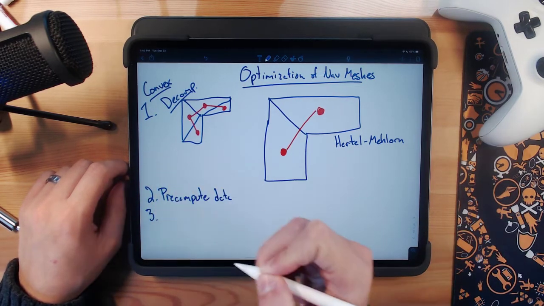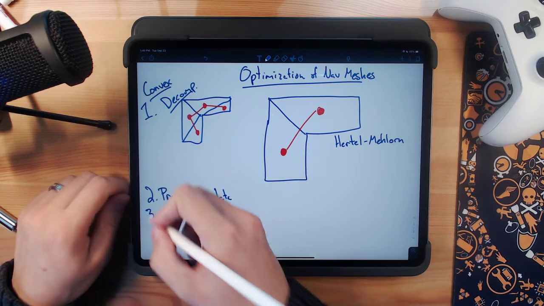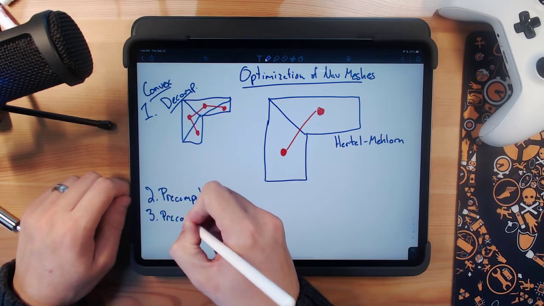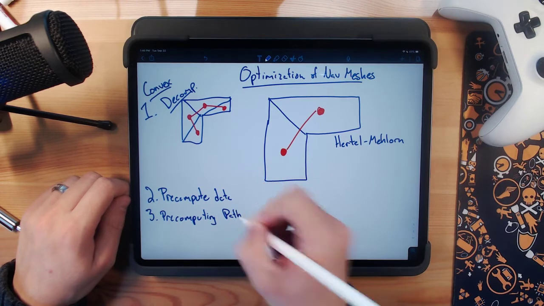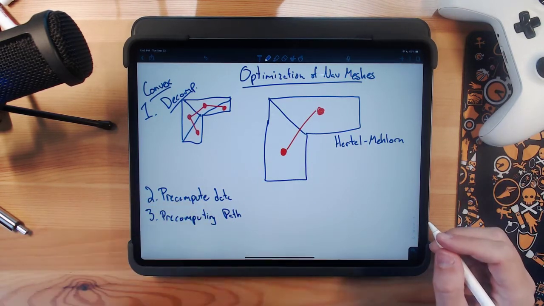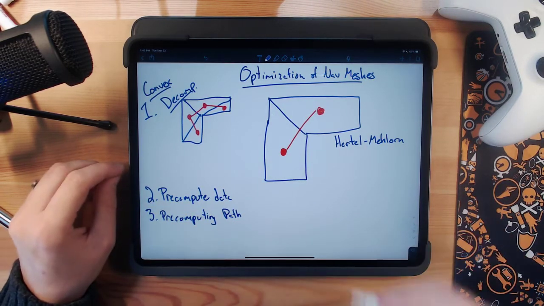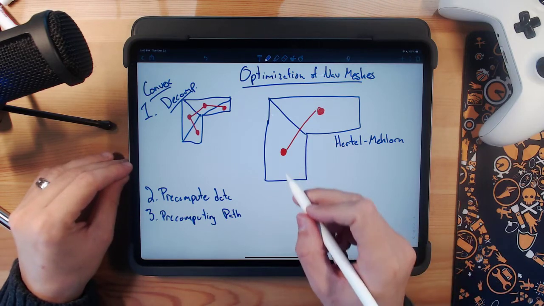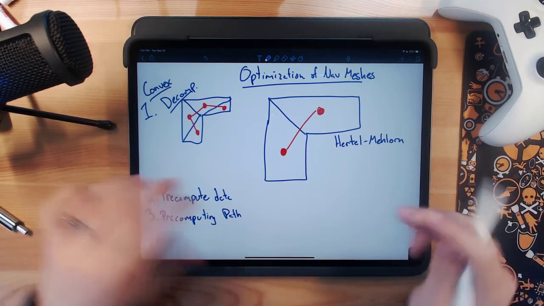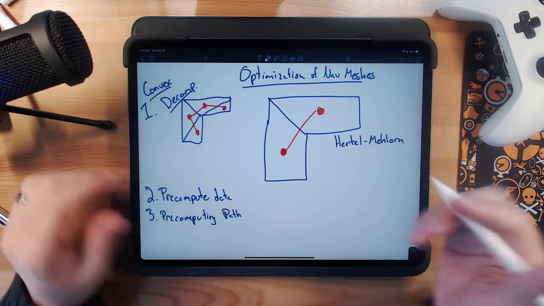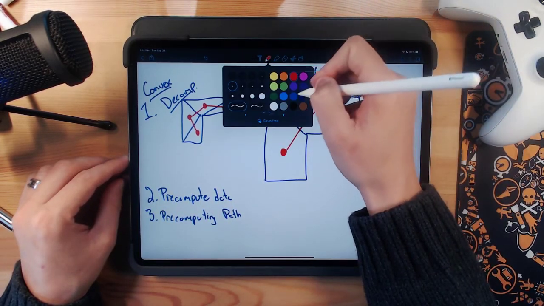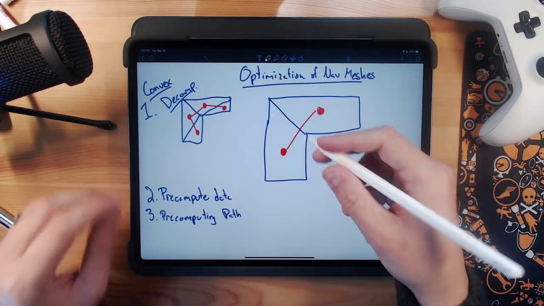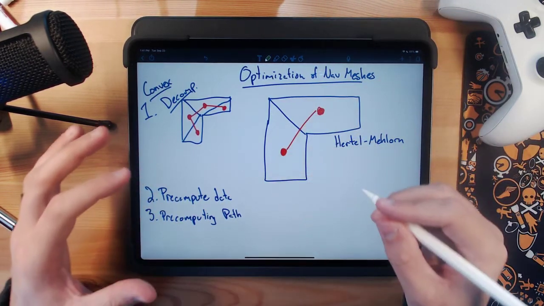Another optimization is pre-computing paths. One very common thing that happens is we have a lot of AI that move from one position to another. This is a very simple world here, but imagine the case where we had a whole bunch of different AI agents and we're building an RTS game.